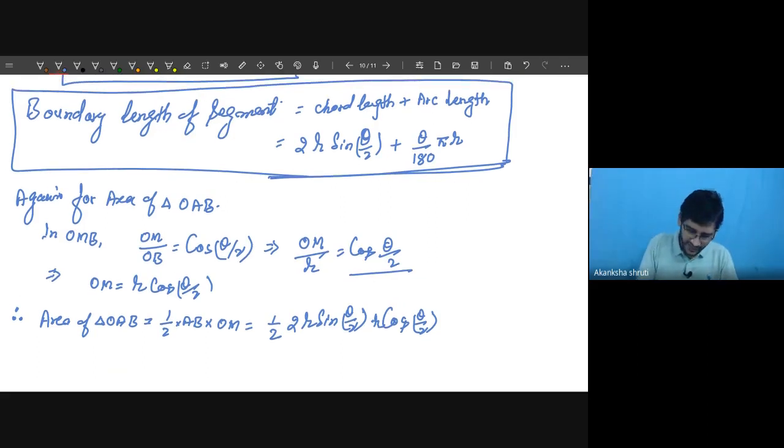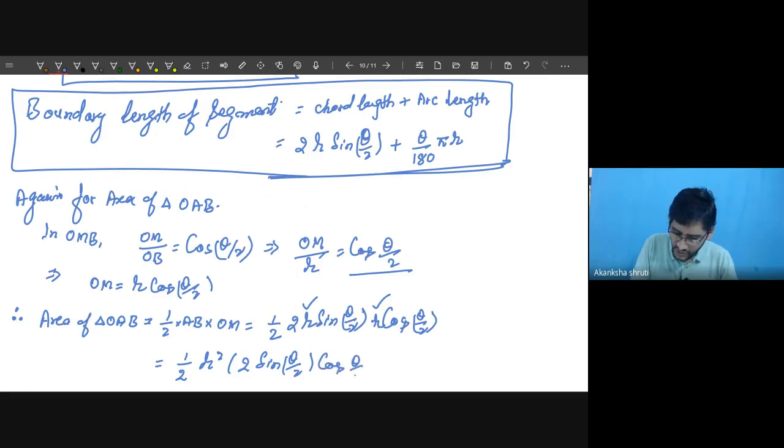So how to keep in mind? Keep this half as it is for a moment. Bring the 2r together, r square. Now bring this 2 sine of theta by 2 and cos of theta by 2. Keep these two together.